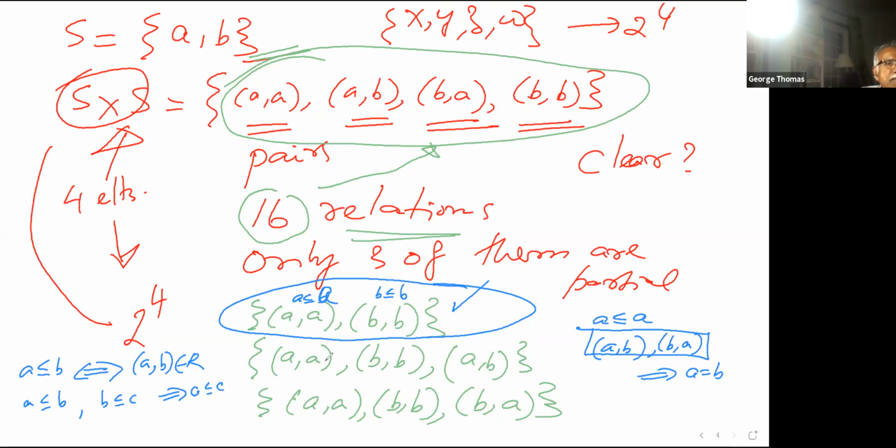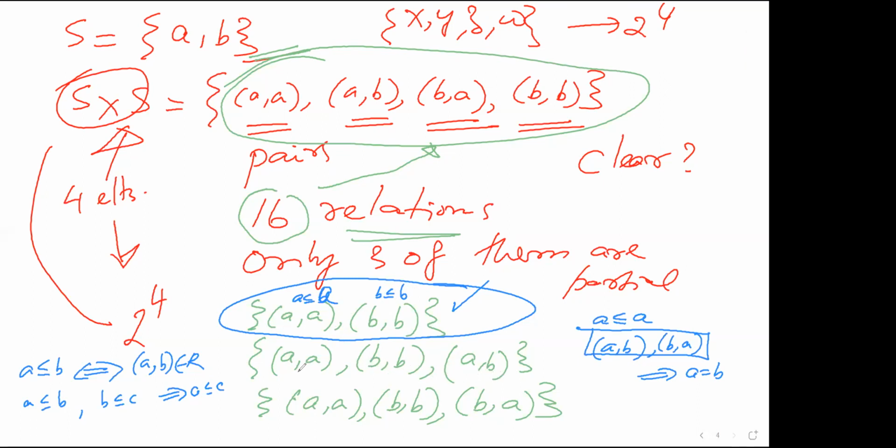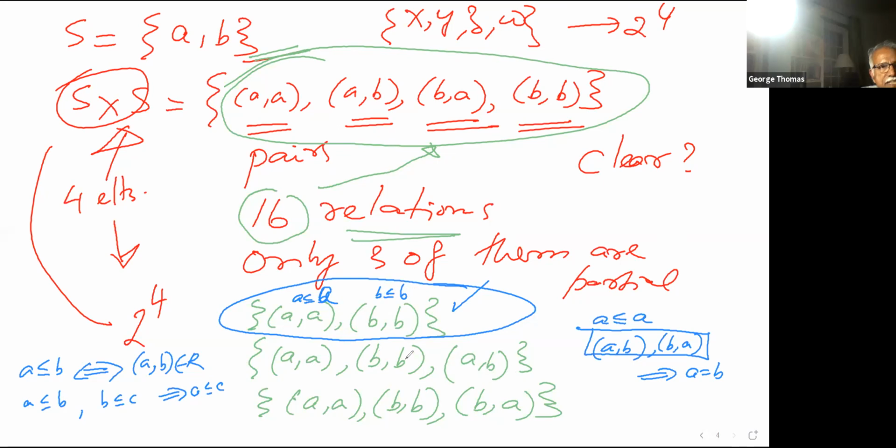Let's check this one. Is this relation reflexive? Yes. And is it anti-symmetric? AB is there, but is BA there?